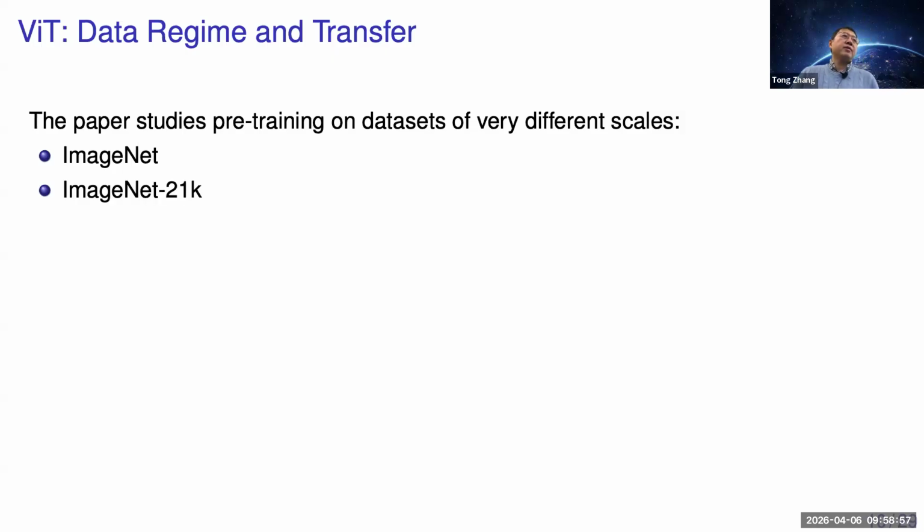ImageNet-21k, that's the full image data, is 20 million, right? And they have even larger, 300 million, right? We also have other data which have hundreds of millions, now even billions of data, and at this scale, gradually when your scale increases, the benefit of ViT will show more.